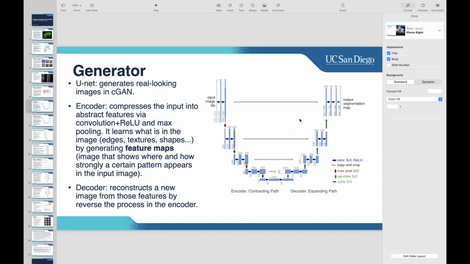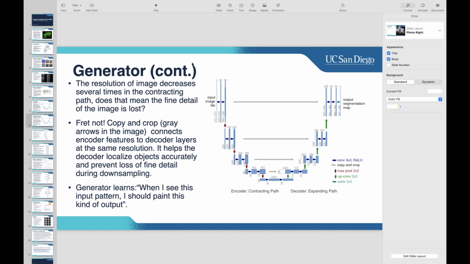And the decoder reconstructs a new image from those features by reversing the encoder process. Sorry, the decoder is the reverse process of the encoder.